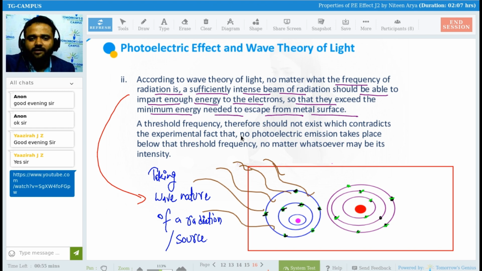You can see that on a hot summer day, the intensity of sunlight is very, very high, right? If you put water in it, the water is going to boil. Even that much intense light should be able to impart enough energy to separate the electrons. And if it is not able to, because we take the wave theory.